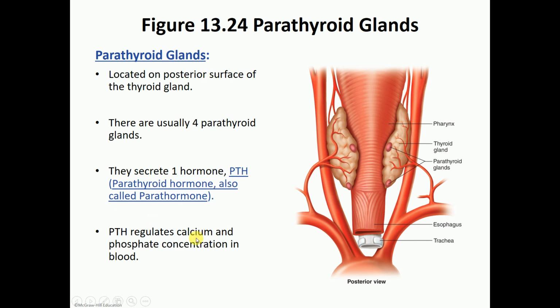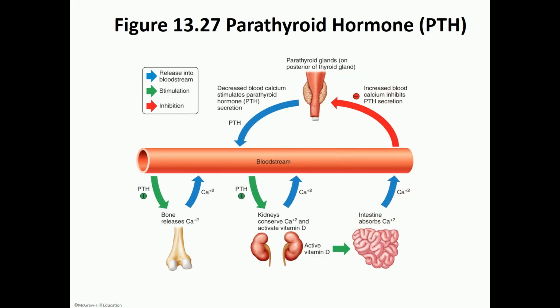PTH regulates calcium and phosphate concentrations in blood, kind of like calcitonin, but it does the exact opposite of calcitonin. Now, the stimulus to make parathyroid hormone would be decreased blood calcium. So hypocalcemia will stimulate the parathyroid glands to make PTH.